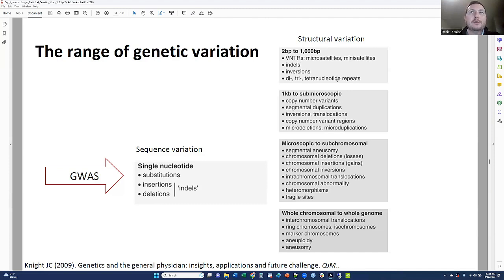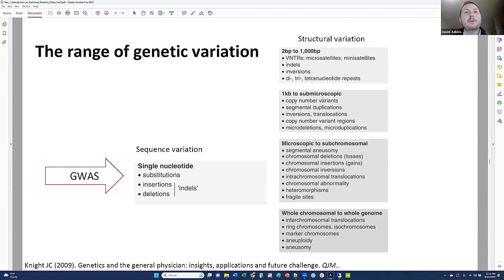Di-, tri-, tetranucleotide repeats. These are rare. They're just unusual nucleotide variants. Then moving to a larger resolution, 1 kb. This is 1 kilobase, or 1,000 base pairs, to submicroscopic. Here we've got copy number variations.